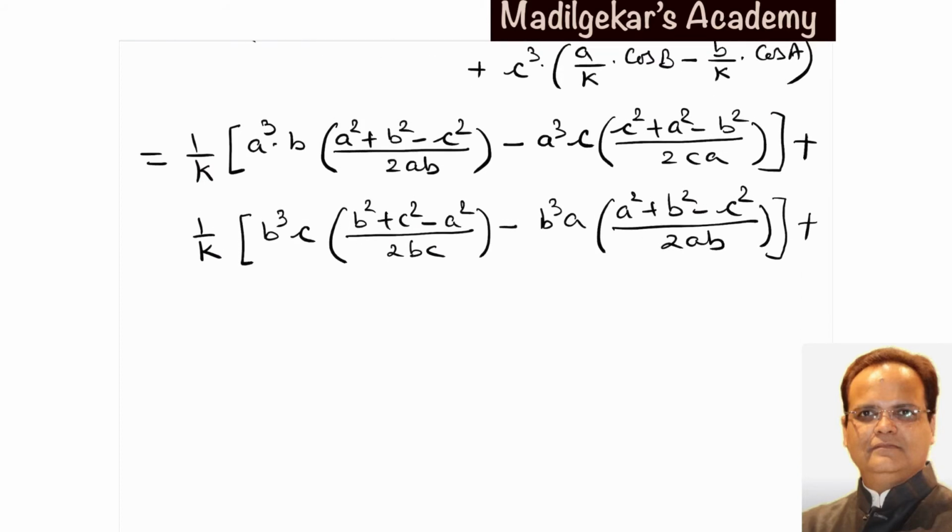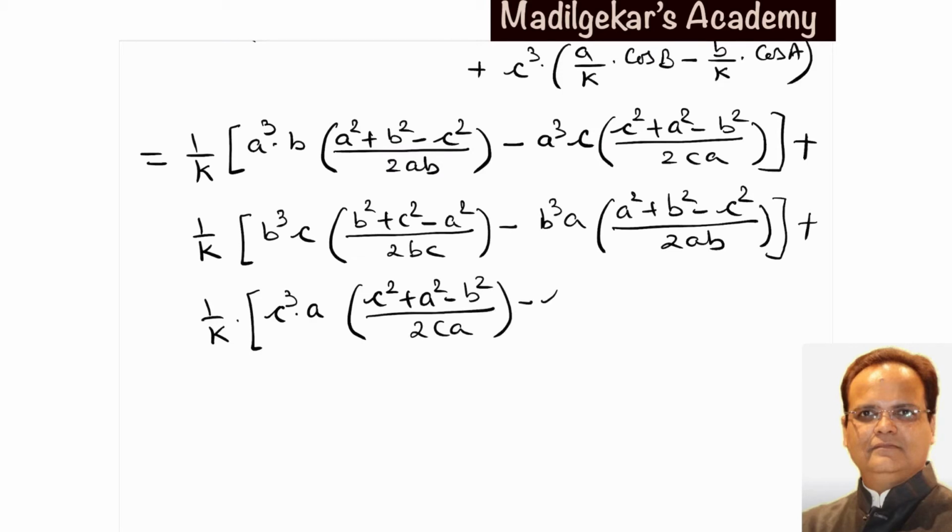For the third term, again 1 by k common, c cube into a, cos B is c square plus a square minus b square upon 2ca minus c cube b into cos A will be b square plus c square minus a square upon 2bc.